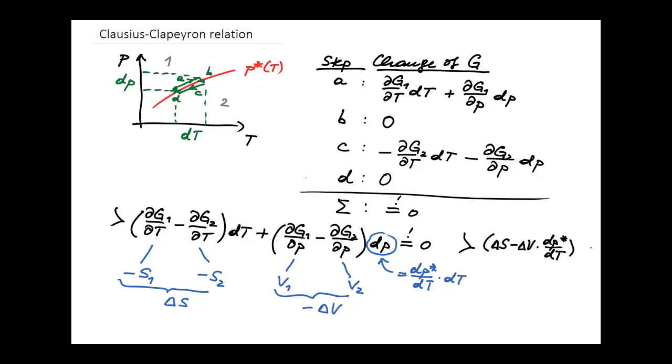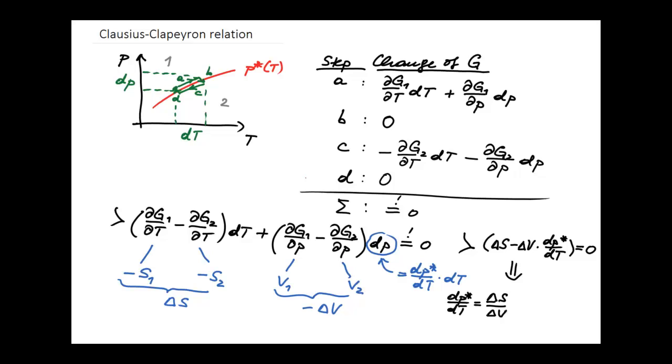So this bracket itself must be equal to 0. And we can solve this condition for the slope of the coexistence curve. And we find that the slope of the coexistence curve must equal delta S over delta volume.